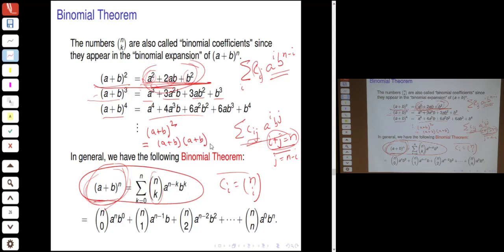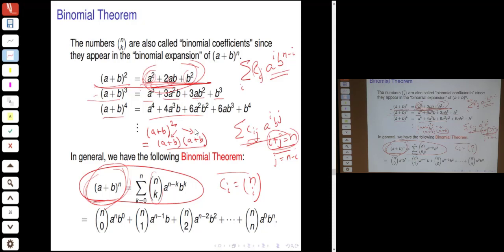Now when you expand the brackets and do the multiplication, how do you get the terms? Let's think of the mechanism. When you multiply this out, you choose one term from this bracket and another term from that bracket and multiply them.